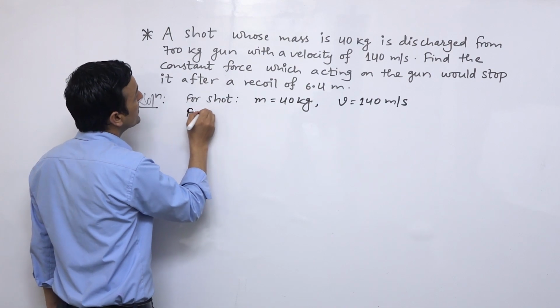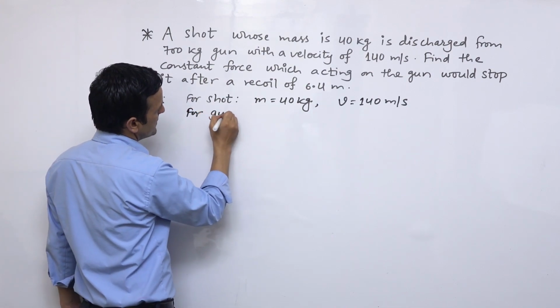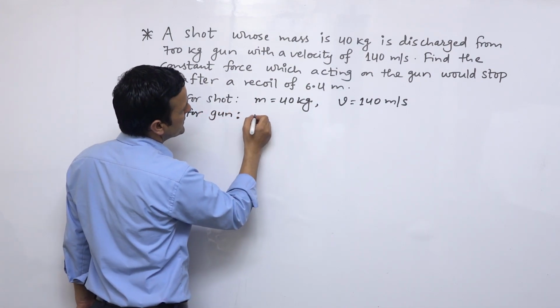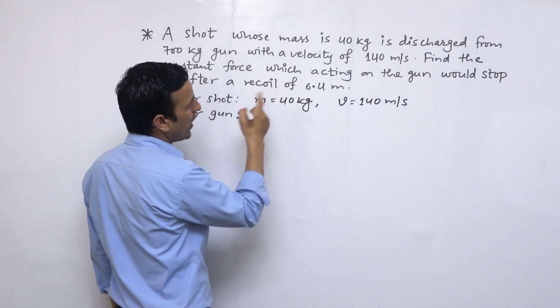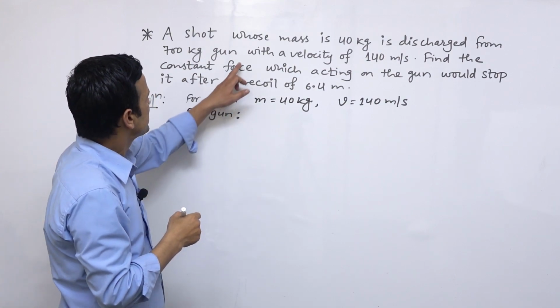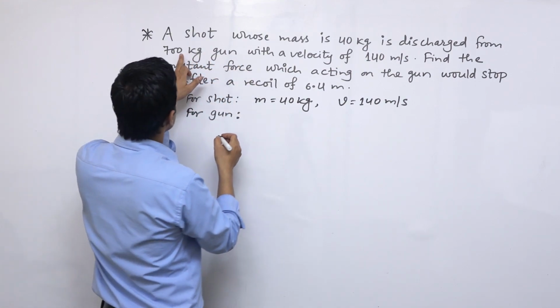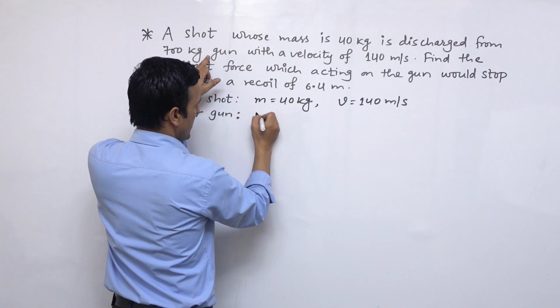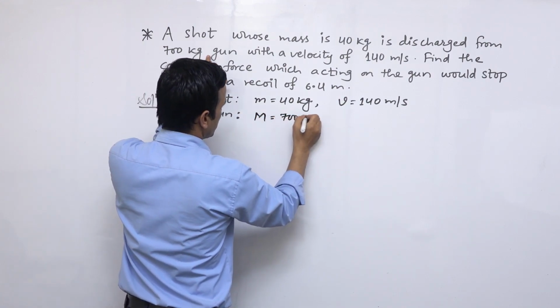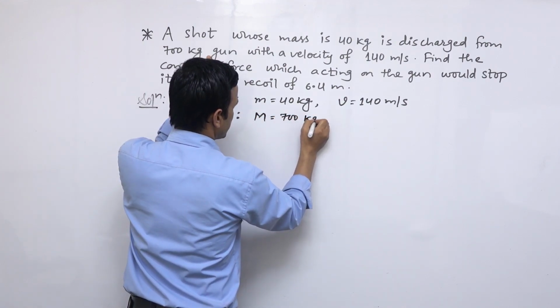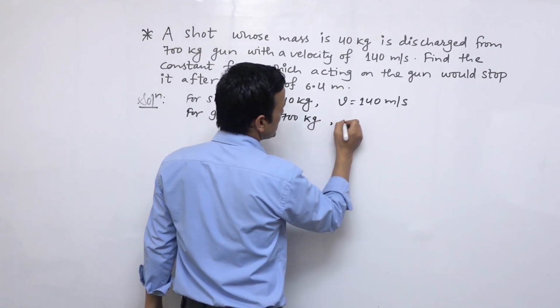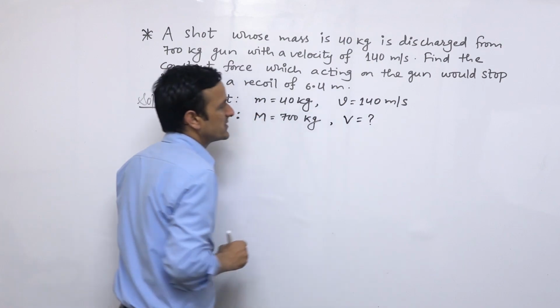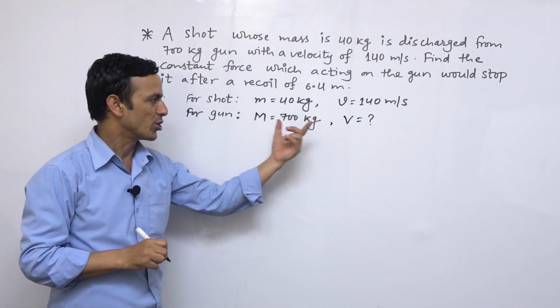And for gun, mass is discharged from 700 kg gun. So mass is given, it is 700, and velocity is capital V is equal to what? The velocity of the gun is unknown.